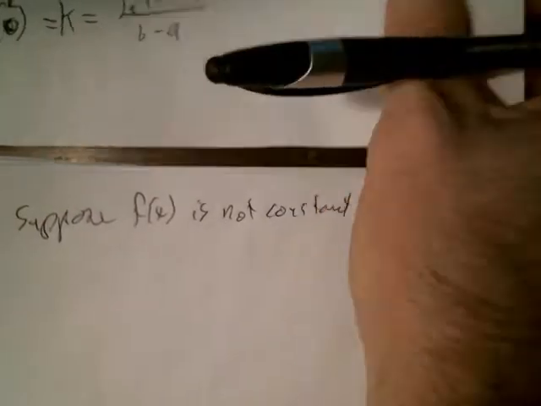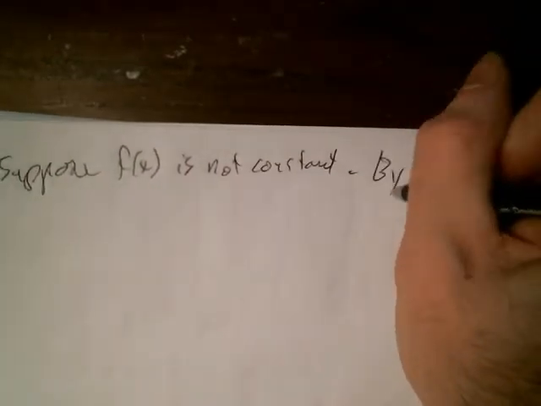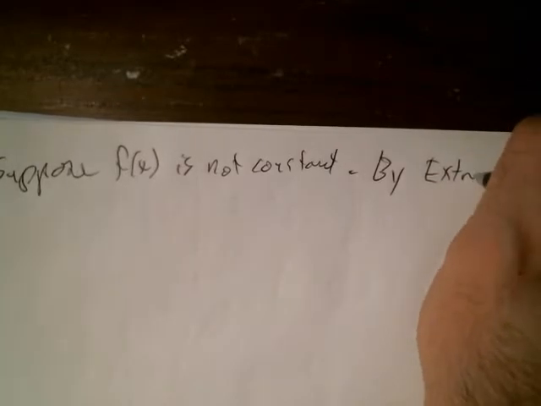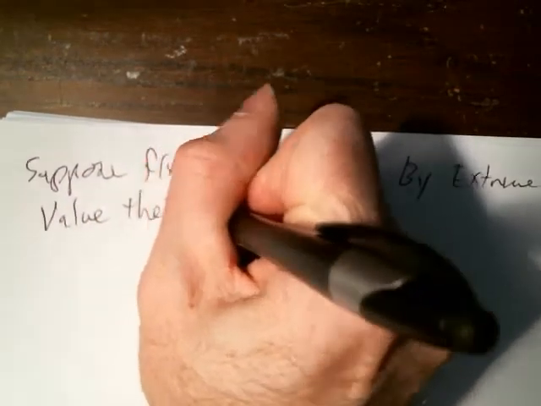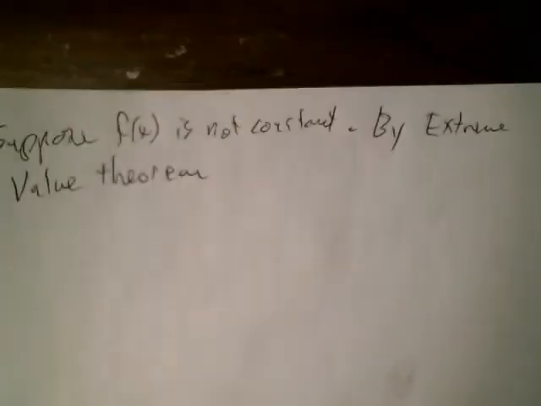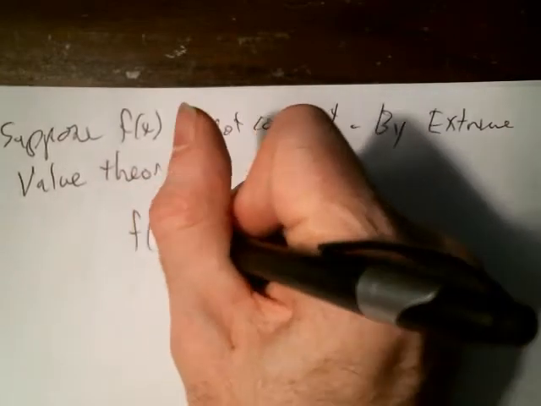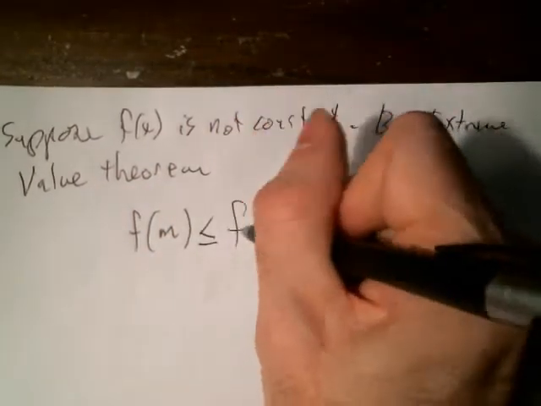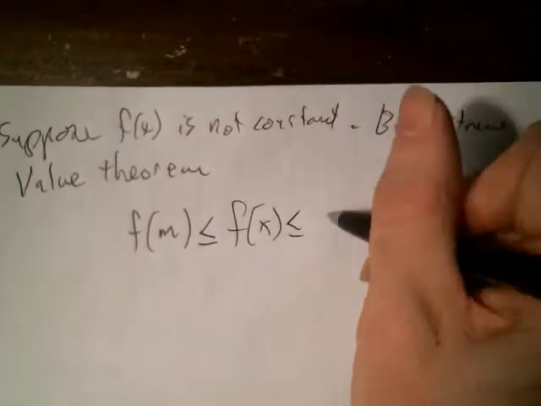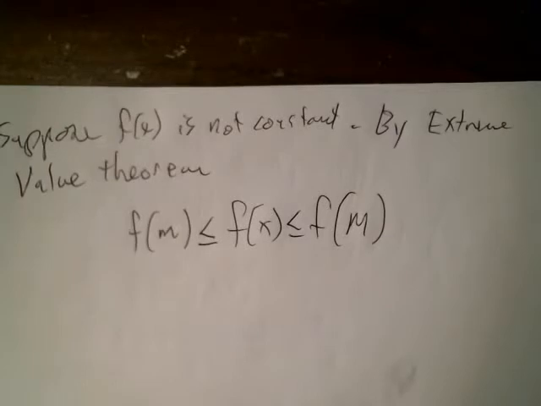Well, we have that f of x is continuous on this closed interval, so by the extreme value theorem, there must be these points in the interval such that f of this point will be less than or equal to f of x, which will be less than or equal to f of this other point in the interval. So there's a max and a min.